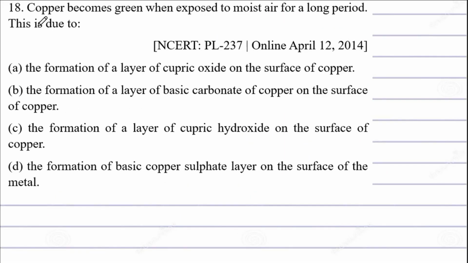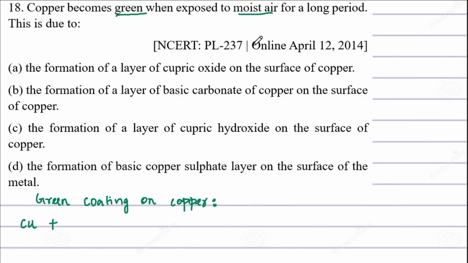The next question is, copper becomes green when exposed to moist air for a long period. This green coating on copper when it is exposed to moist air is due to the reaction that follows.